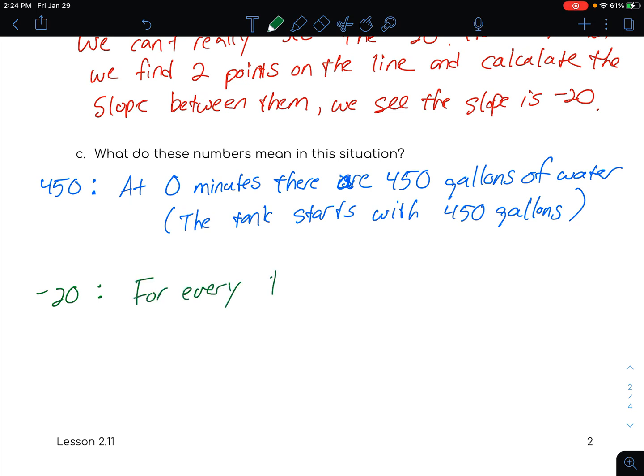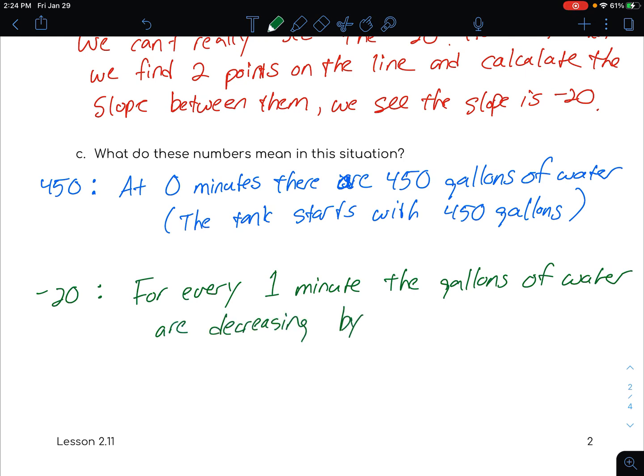For every 1 minute, the gallons of water are decreasing by 20. Or maybe a better way of saying that: for every 1 minute, the water is decreasing by 20 gallons per minute.